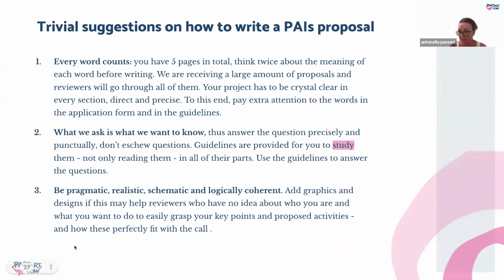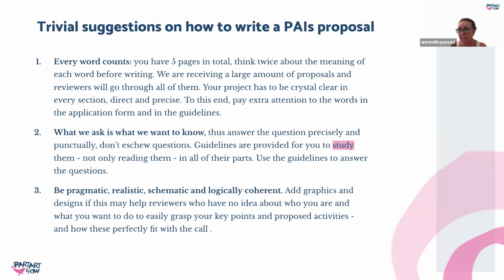5 pages are not a lot. So don't waste words around. Go to the point. Answer the questions. So if we are asking what is the impact of your project, you must answer these questions and not something else. It's important for reviewers to find the information they are looking for, to be able to do a proper review.